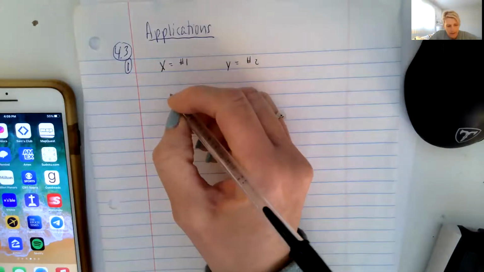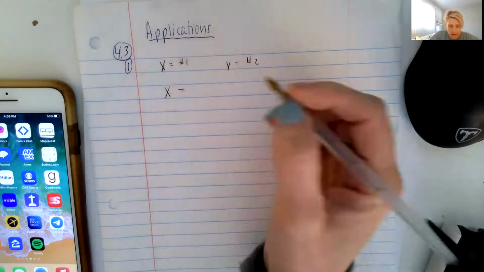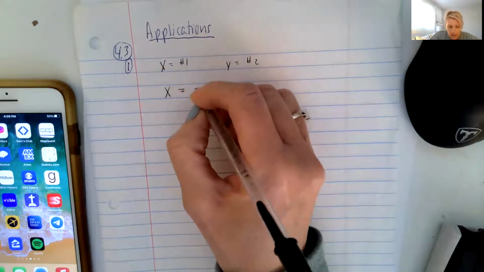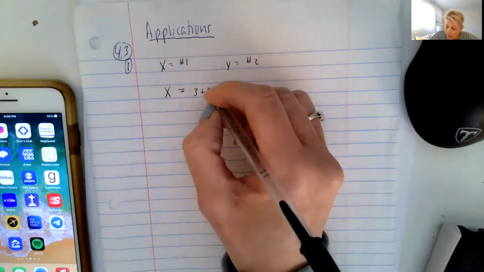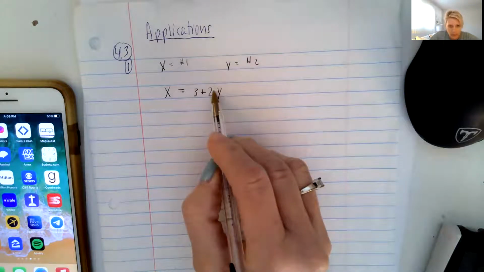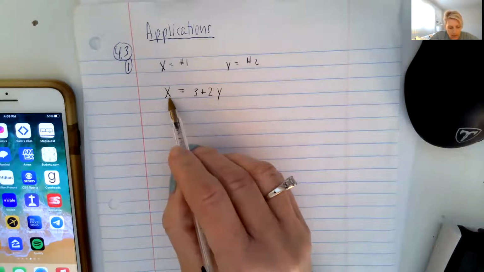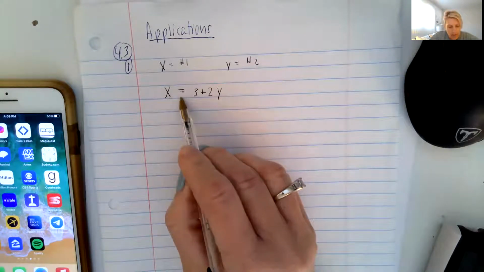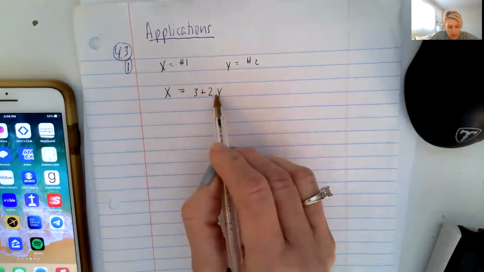And it says that number 1 is, so that's an equal sign, 3 more than twice the other number. So X, which is one number, is equal to 3 more than, so I'm adding 3 to twice the other number.